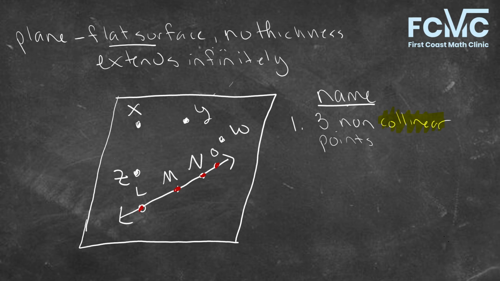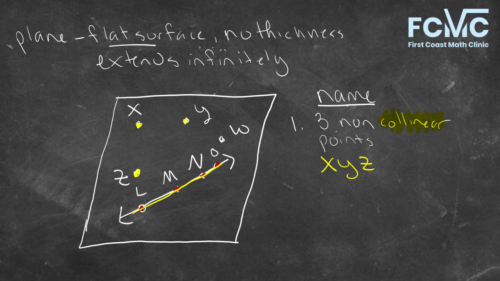So if we want non-collinear, we want points that are basically just not on the same line. So let's look at what points here we have that are not on the same line. Well, we've got maybe points X, Y, and Z, right? I can't draw one line through points X, Y, and Z like I can through L, M, N, and O. So we can name this plane X, Y, Z.